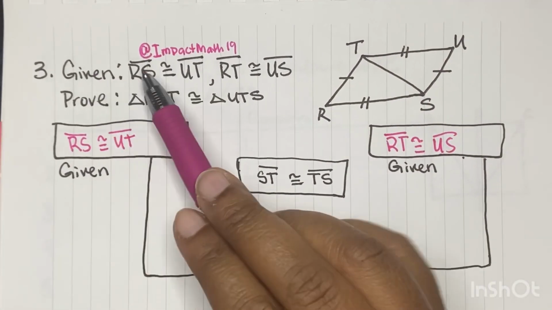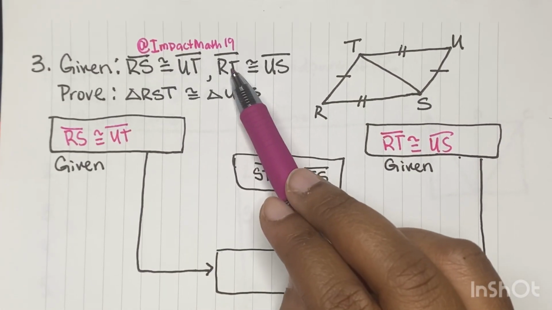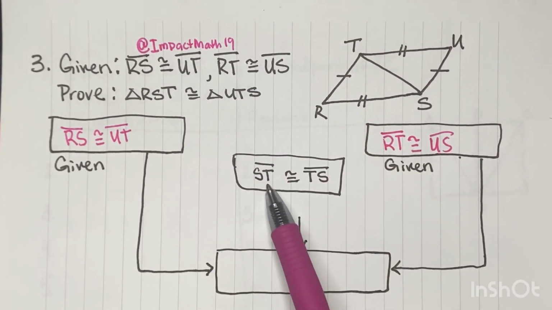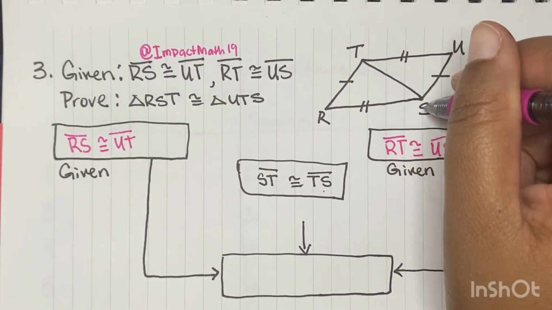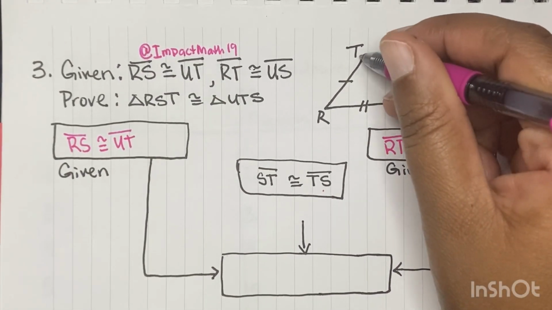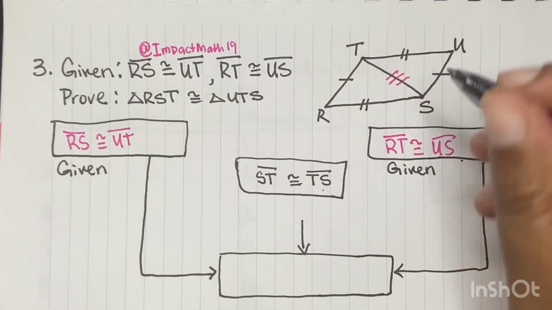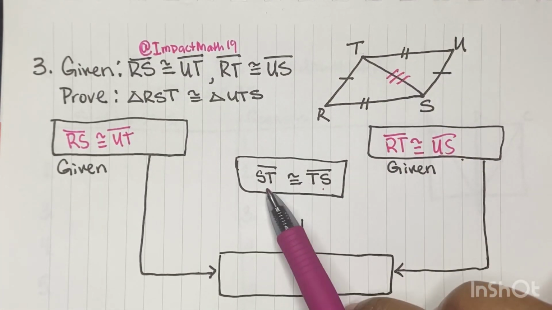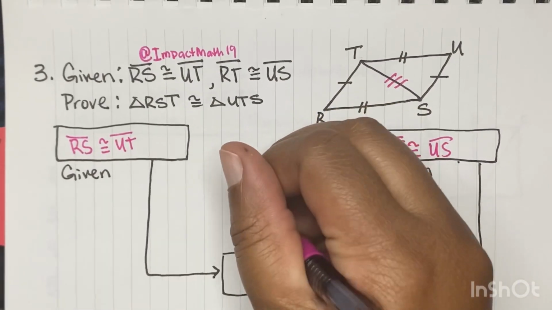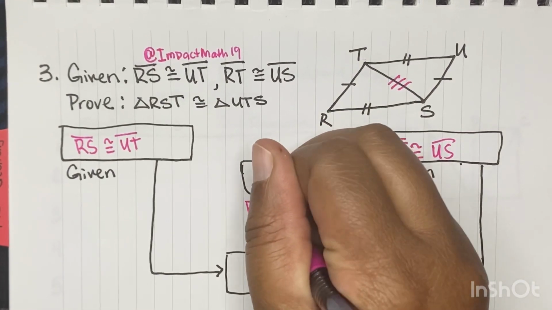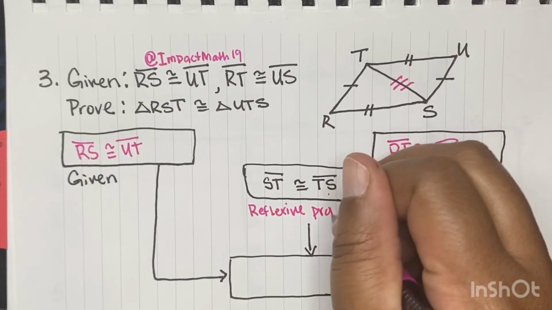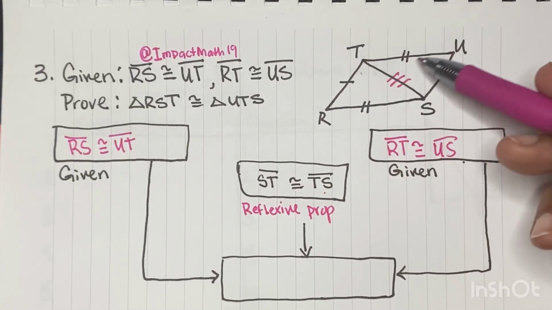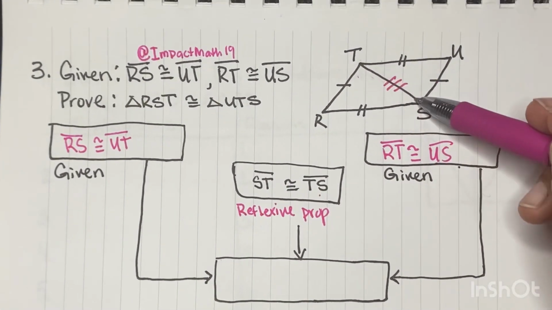Remember, you always look at your givens. These are the statements. Now it says ST is congruent to TS. This is called the reflexive property because both triangles share this one side.